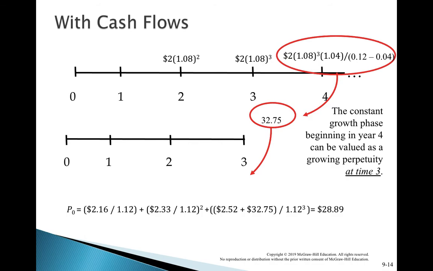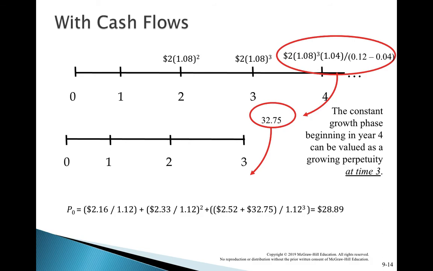That 32.75 is in the year 4. Its present value must be calculated, divided by 1 plus R to the power 3, 1.12 to the power 3. Then it all comes to 28.89.